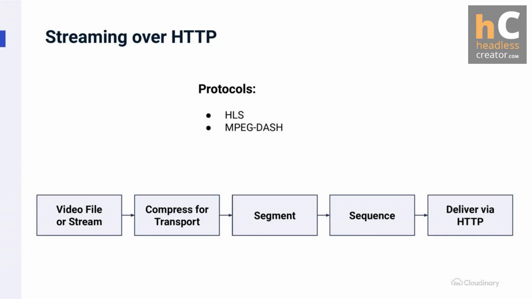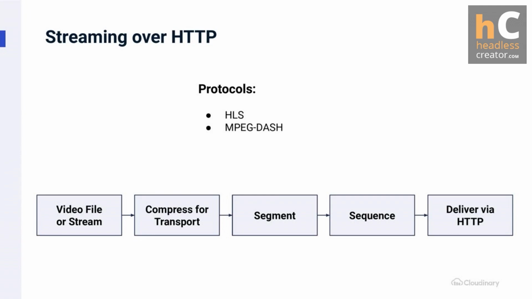Now, what happens in either case is you have a large file, or probably small chunks of files, that comes in at very high resolution as it's captured by the camera, or you have a .mov file that needs to be compressed for transport. That's the first step, and that's where the previous lesson comes into play.